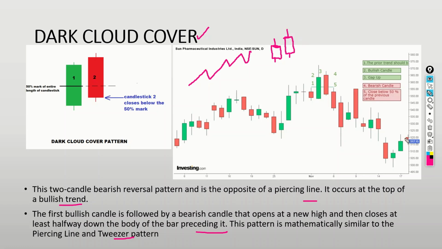That is what we call a dark cloud cover. So it happened right here, for example, in this chart. The candle closes, this one opens a little higher, and it closes at least halfway of this previous candle, and the price moves. Okay, so that's a dark cloud cover.